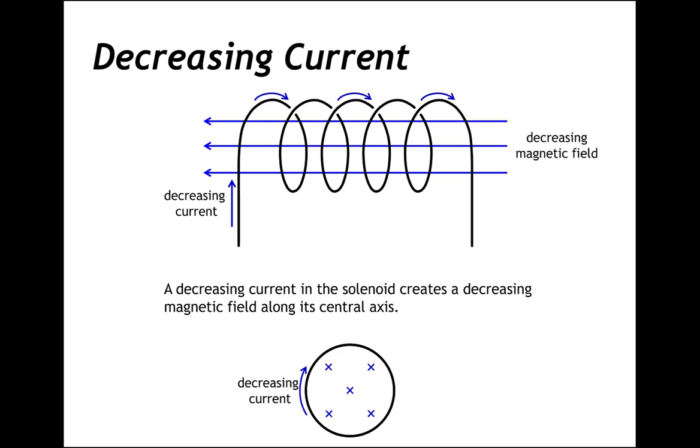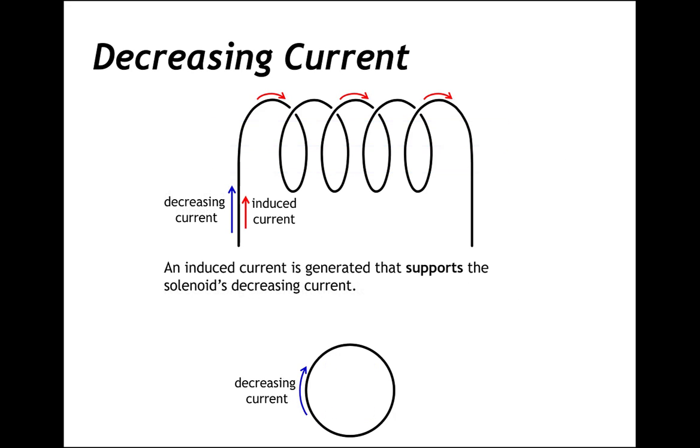But the difference here is that the current is decreasing in magnitude, getting smaller and smaller. So that means the magnetic field is getting smaller and smaller, which means the magnetic flux is getting smaller and smaller. According to Lenz's law, there will be an induced current that supports the inductor's decreasing current.